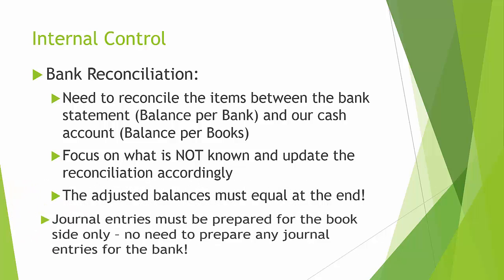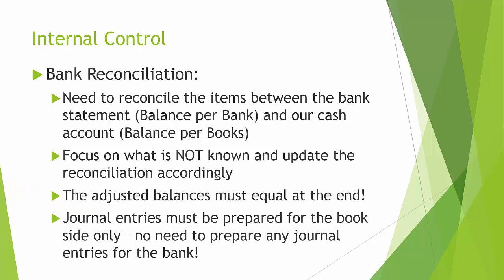And then for the book side, we need to do journal entries that update our cash account accordingly. We would not do any journal entries for the bank because they would be responsible for doing them on their own.